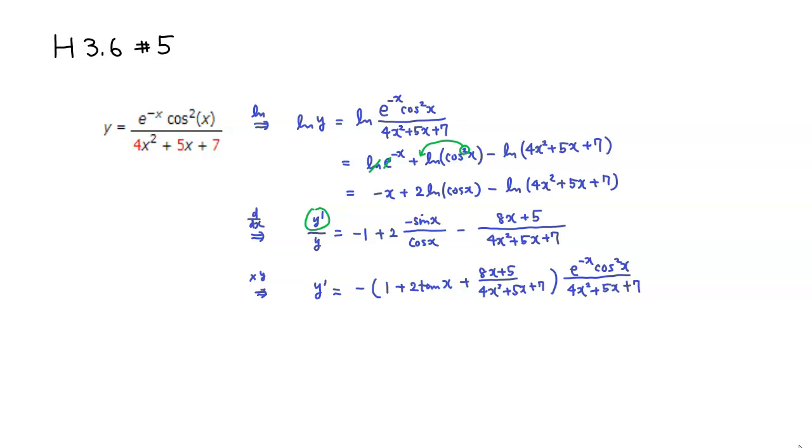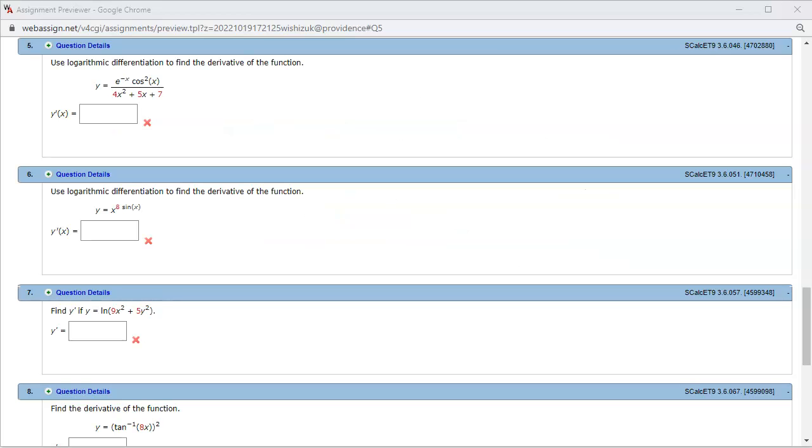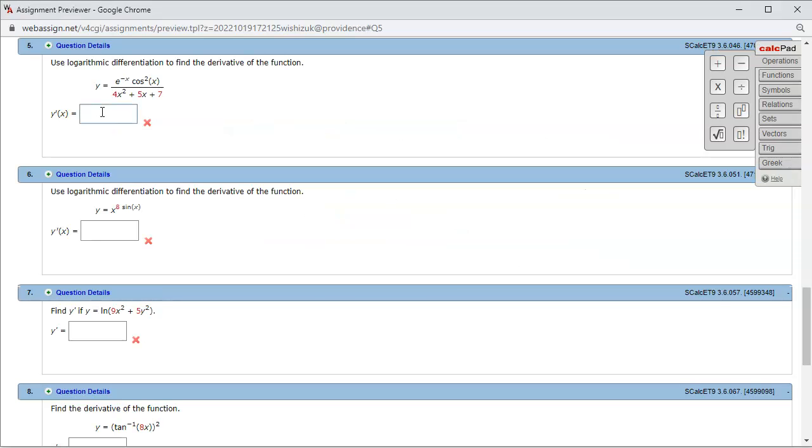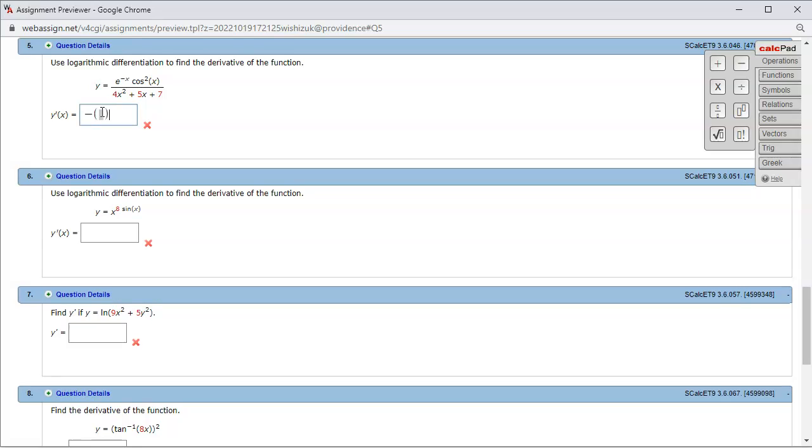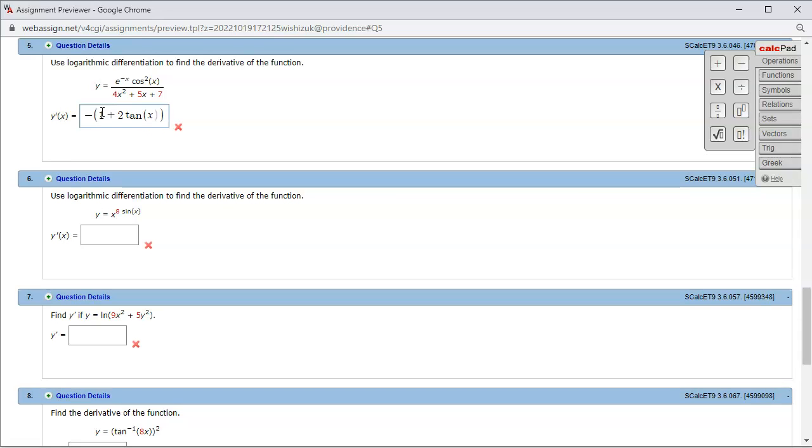So let's type it in. What we got was a negative sign in front. Then you have 1 plus 2 tangent of x, then plus a fraction.